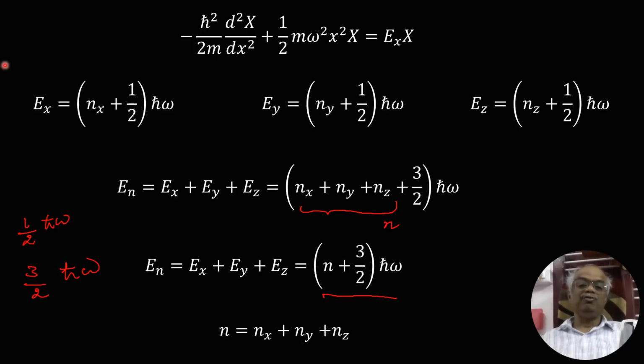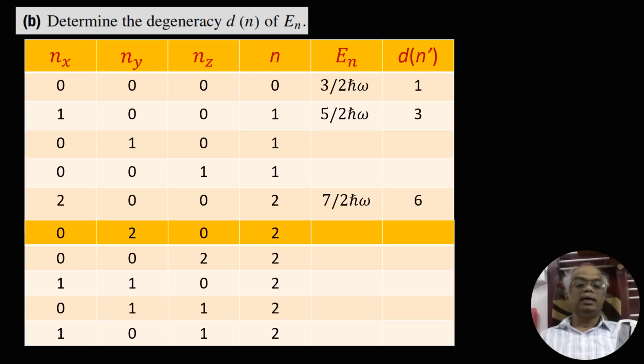Then next we will move on to part B. The next question is to determine the degeneracy T_n of E_n. I will explain using this table: n_x, n_y, n_z, n. First you take n_x, n_y, n_z all three as 0, that is the ground state energy.